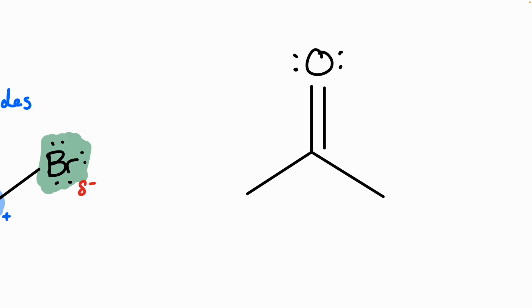All right, where's that relative lack of electron density? Where's my electrophilic site? That carbonyl carbon, right? Because again, we have this polar bond. But then where's my leaving group? This is a little bit weird. Our leaving group, when that carbonyl carbon gets attacked, is just that pair of electrons in that pi bond that's going to get kicked up onto that oxygen.